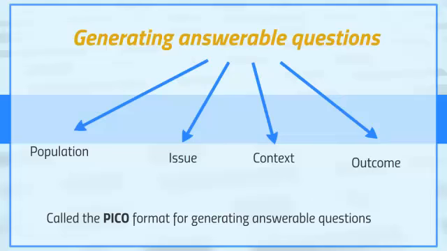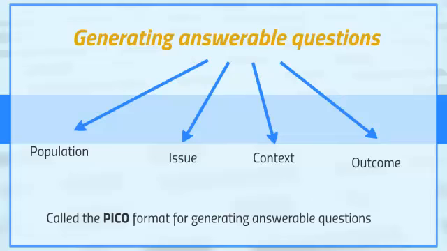And if you have a question with all these 4 elements embedded in it, then for all intents and purposes, you should have an answerable question, a question that's well defined, a question that you can say to people around the braai when you're having a braai, and they'll understand what's cooking, instead of going on for half an hour trying to describe to them what you're trying to do. The PICO will be able to do that for you in a couple of seconds.